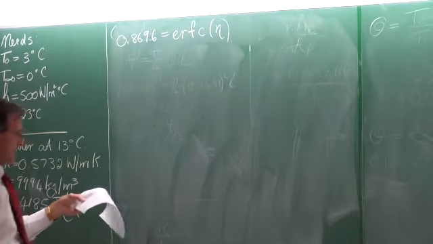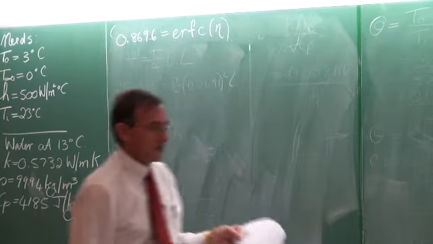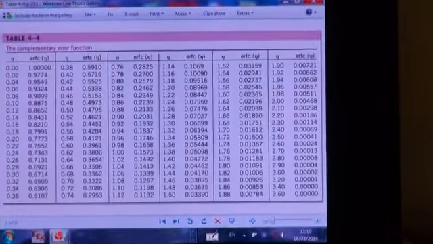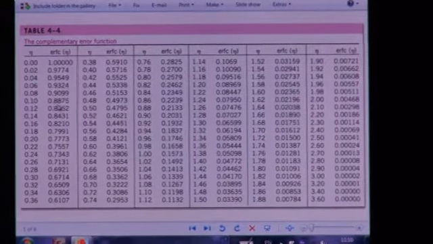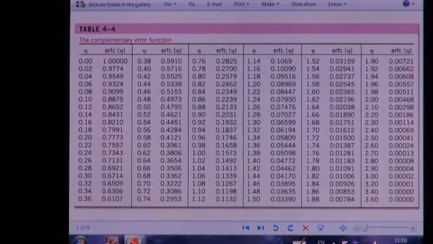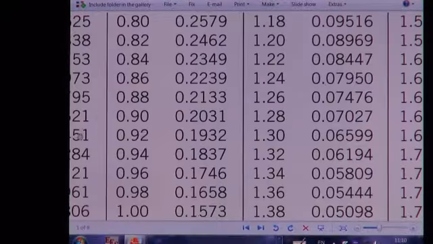Okay. So if we now look at this and look for when the complementary error function will be equal to 0.8696, that will be when eta is equal to, you see there, it is about, do you want me to enlarge it for you?